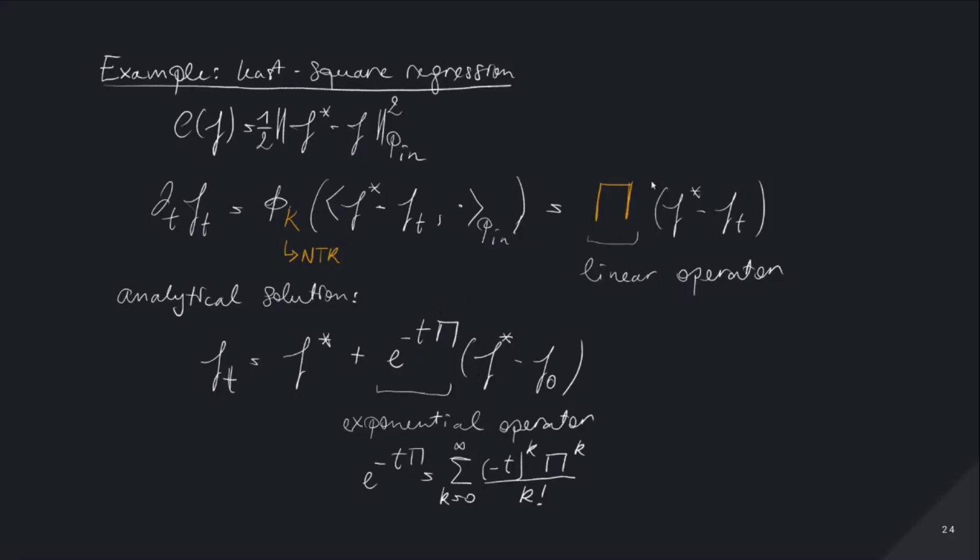And note that big pi here is a linear operator and a positive linear operator, so we know that this operator will go to zero. So as we increase time, we get closer and closer to f star.